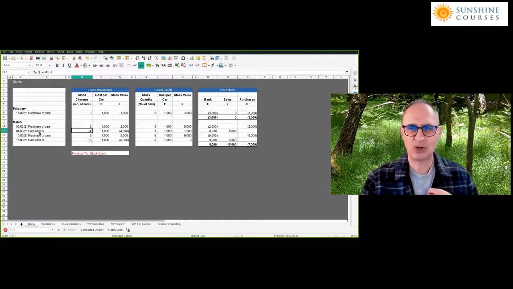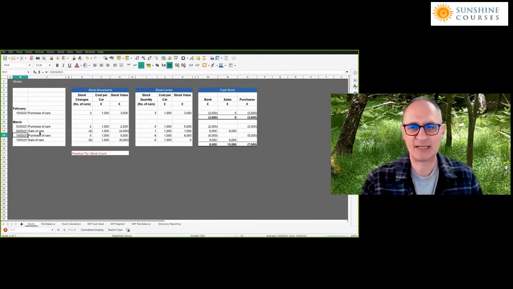So in the stock movements, we've sold 4 cars, reducing our stock by 4, and the cost of that stock is £1,000, so we reduce our stock value by £4,000. Then on the 10th of March, we buy another 5 cars, and on the 15th of March, we manage to sell all the cars. So the first block is our stock movements.